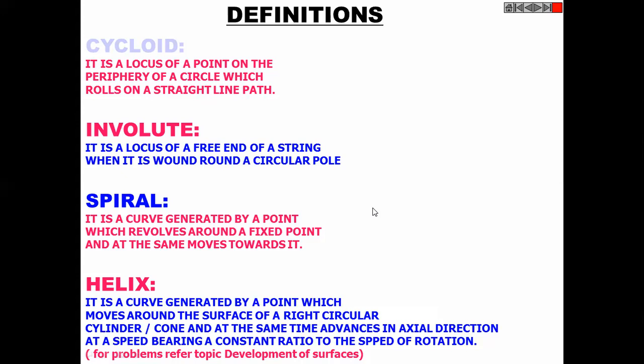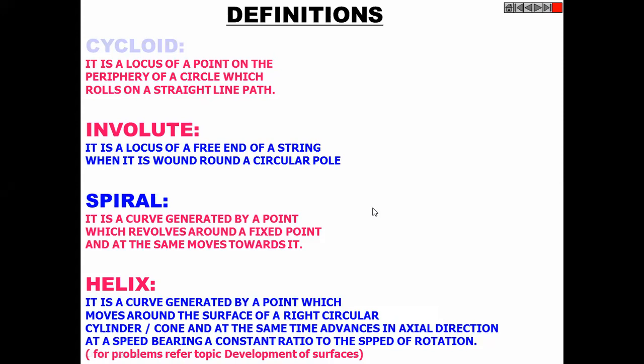It is the locus of a free end of a string when it is wound around a circular pole. For example, if you have a circular pole or ball pen in your hand, or any circular stick, now you start winding thread or string around it on the periphery. So what will happen? Your next cycle won't overlap the first cycle.